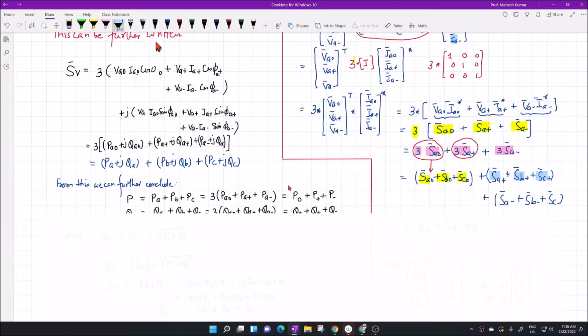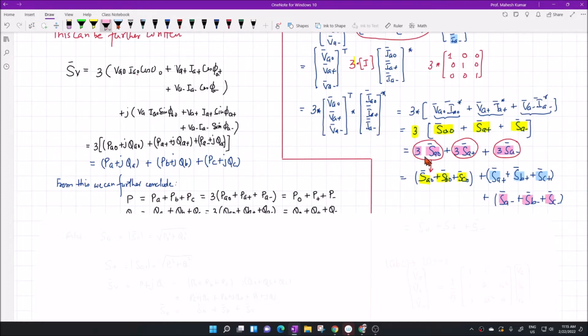And 3SA minus, this term is taking care of SA minus, SB minus, SC minus. Since they are identical, that's why the term 3 is there.